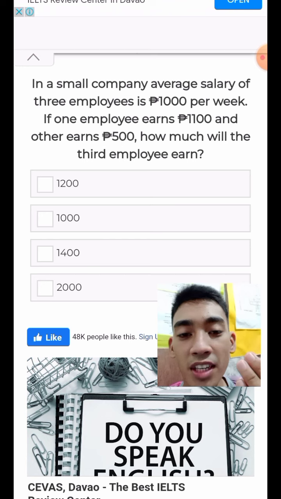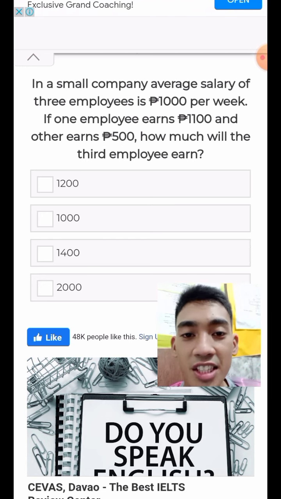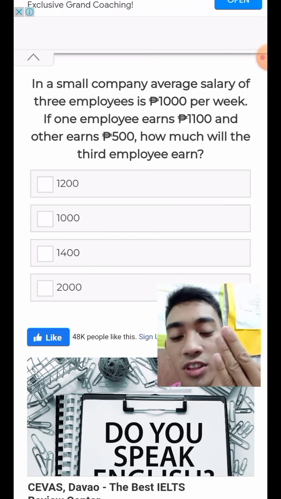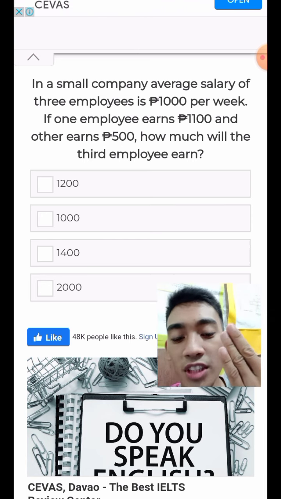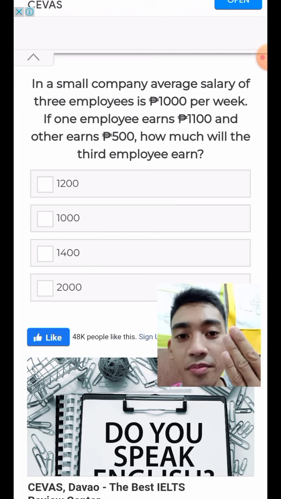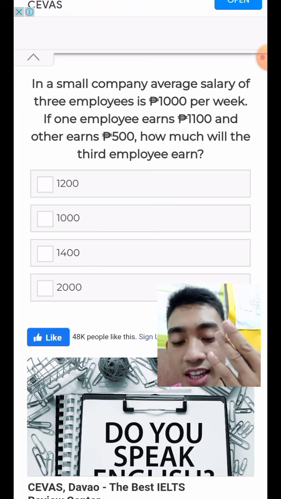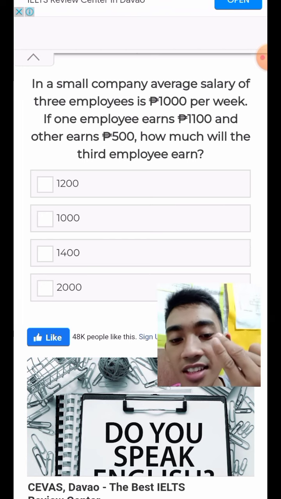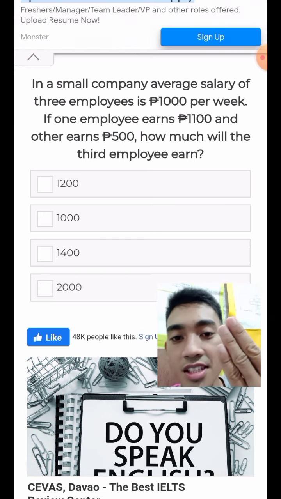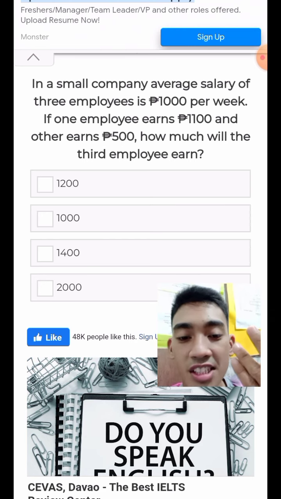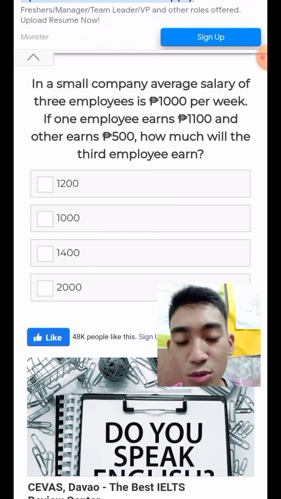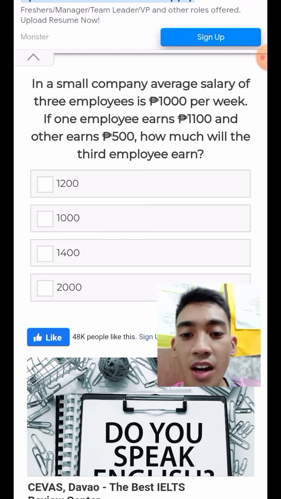So simply, the formula for average is to add all the items, add the salary of A, add the salary of B, and plus C. Let the salary of C be X. Divide it into 3. You can do it on your own, the formula that I have given you.